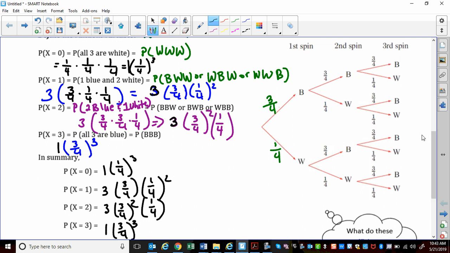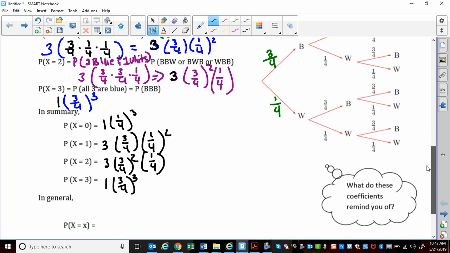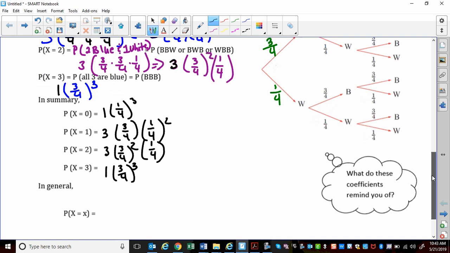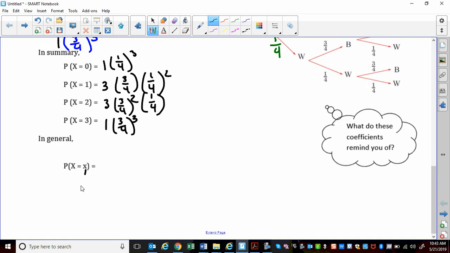Alrighty. So it says, what do these coefficients remind you of? They're talking about 1, 3, 3, 1. It says, in general, P of x equals x, where the little x is the number of successes. In this case, it was blue.